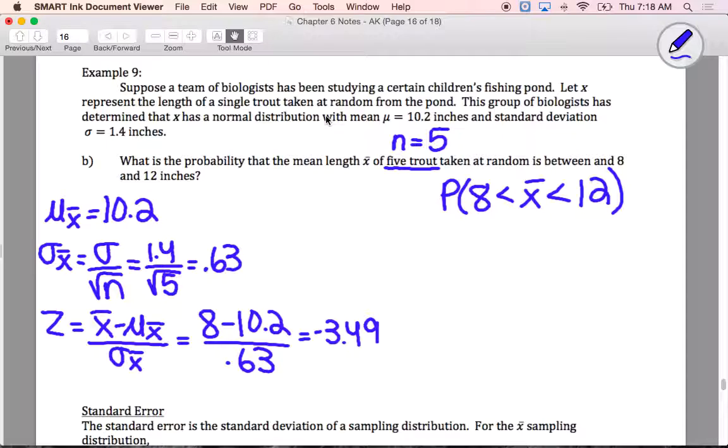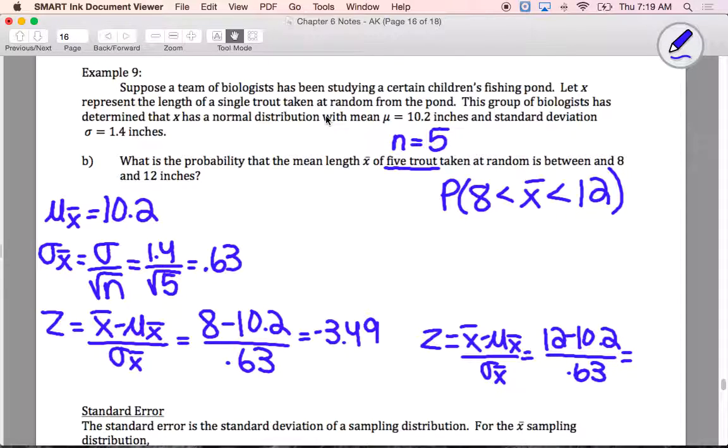We're going to do the same thing then for our 12. So if I have 12 minus my mu over sigma, so 12 minus 10.2 over 0.63. So that should give me a 2.86.